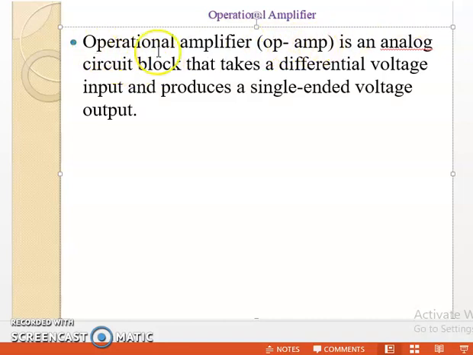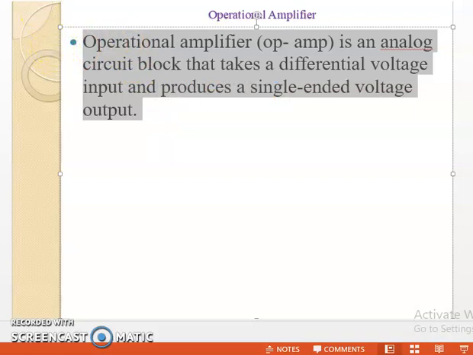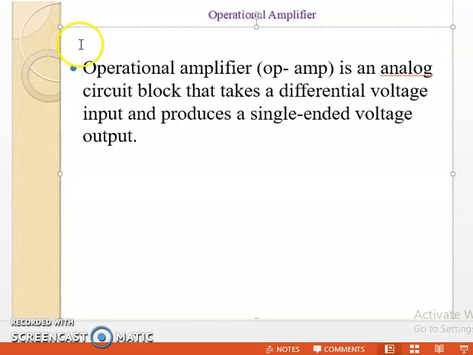See, an operational amplifier is an analog circuit block that takes a differential voltage input and produces a single-ended voltage output. Very meaningful statement.